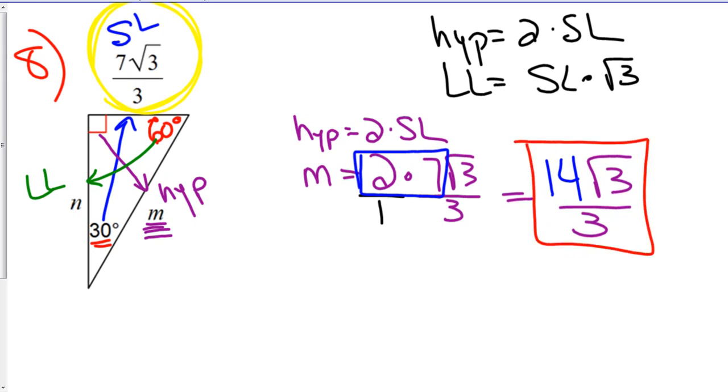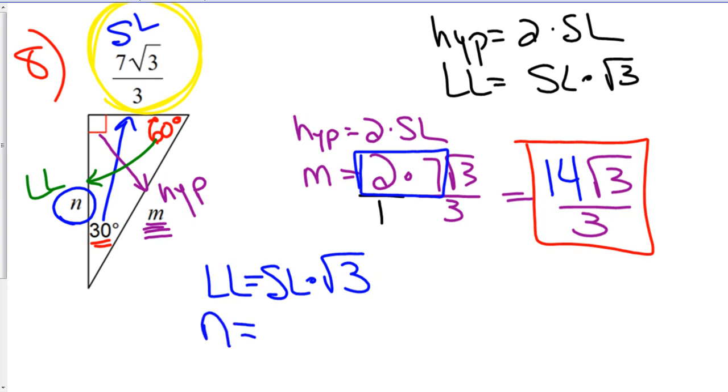Okay, I can go on and do the long leg now. So the long leg equals the short leg times the radical 3. My variable for my long leg is the n. So I'm going to write n equals my short leg again, 7 radical 3 over 3 times radical 3 over 1. So this is very similar to what we just did.